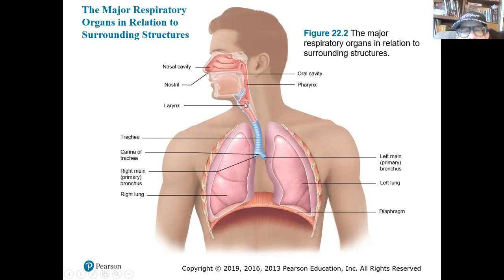Also, the higher up you are in the respiratory system, this cartilage up here is almost all cartilage, almost no smooth muscle. Once you go down and it branches and branches and branches again, when you get down into the lungs, these little bronchioles, the smaller they get, the higher the proportion of muscle becomes and the lower the proportion of cartilage.